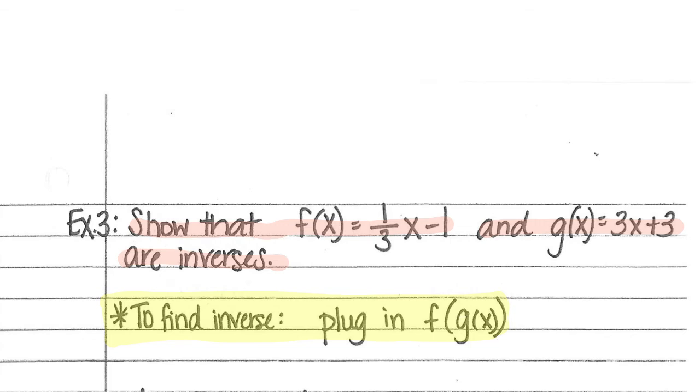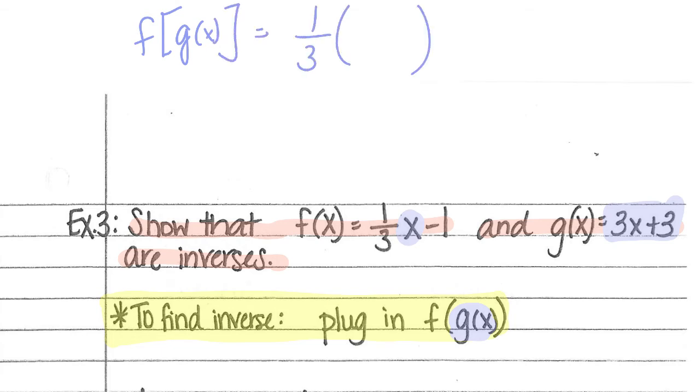So let's plug in the g of x, which is 3x plus 3, for this x right here, and you'll see what happens. So f of g of x, I'm going to take the f equation, and instead of putting in x, I'm going to put in 3x plus 3.